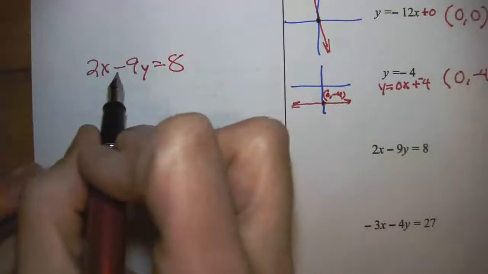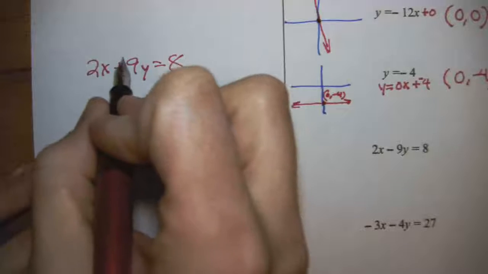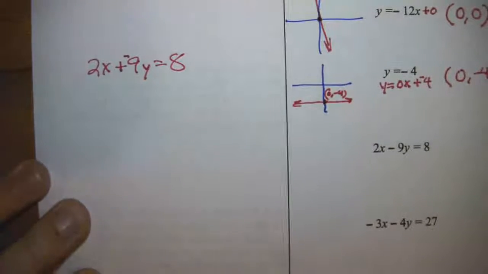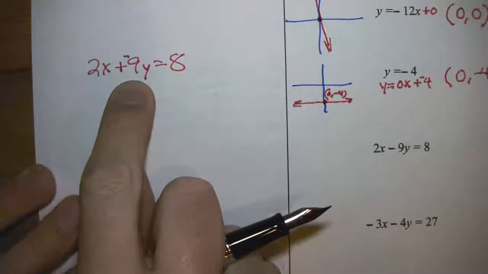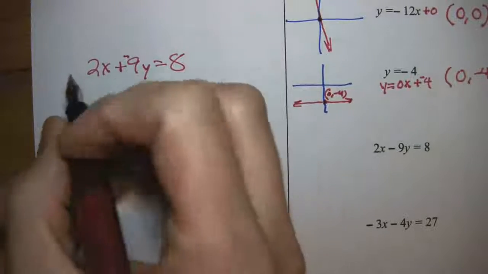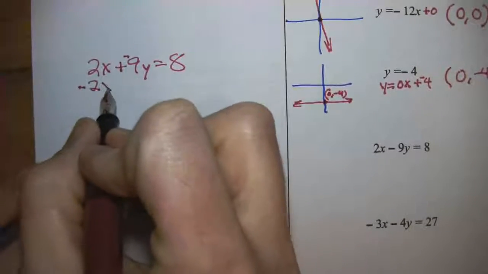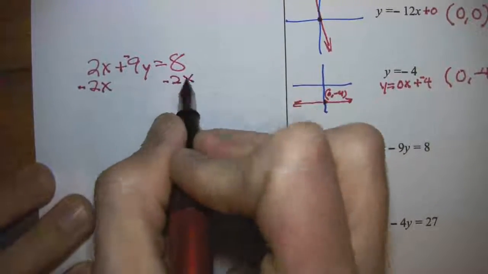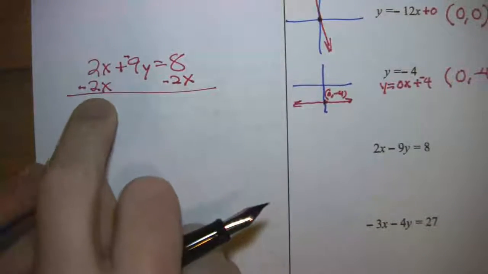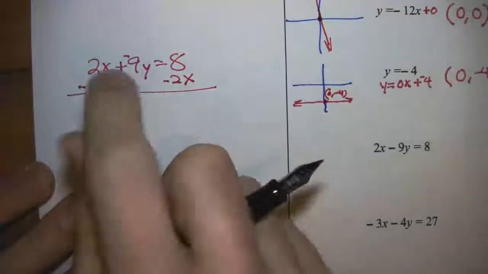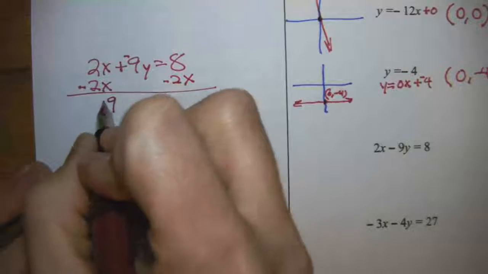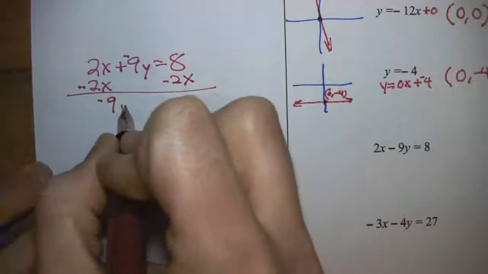All right, first thing I'm going to do is make this addition. So adding a negative 9. So that's good. Y wants to be by itself, so I got to get rid of this x first. So what I'm going to do is subtract 2x from both sides. All right, well, 2x subtract 2x zeroes out, so that leaves just negative 9y behind. Don't forget the negative.